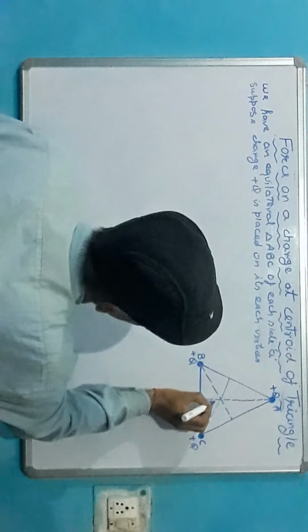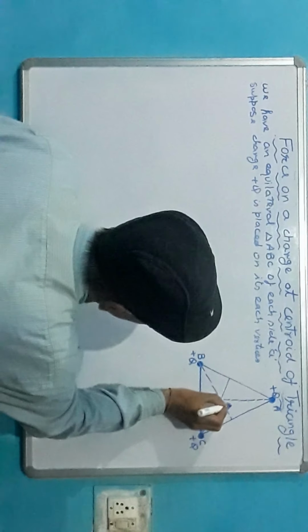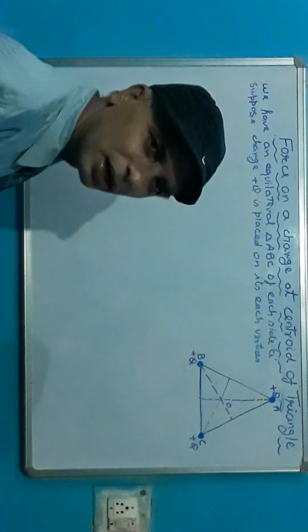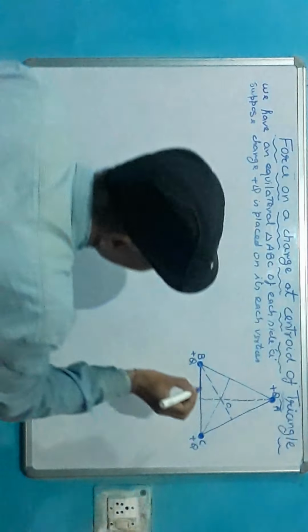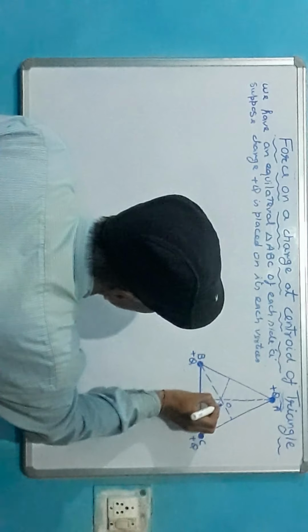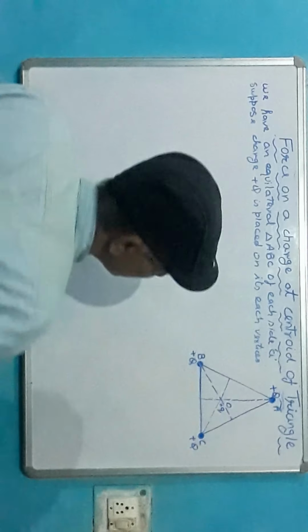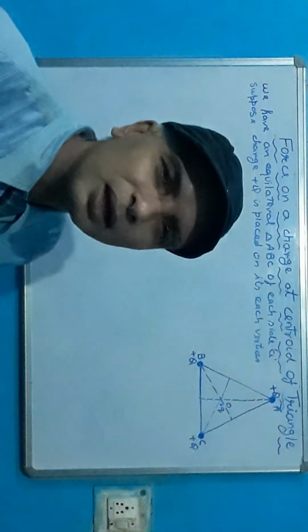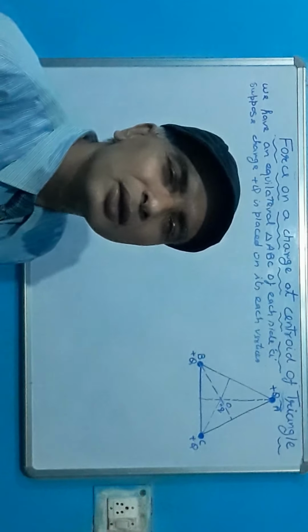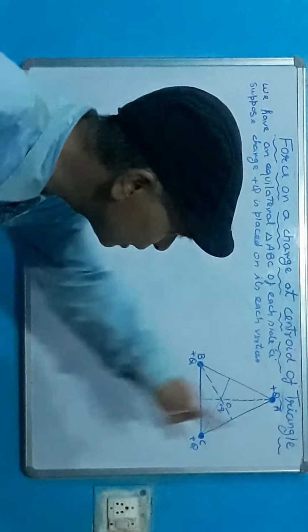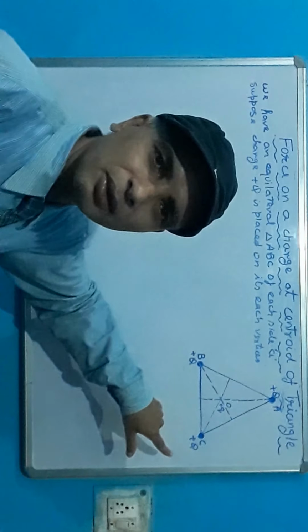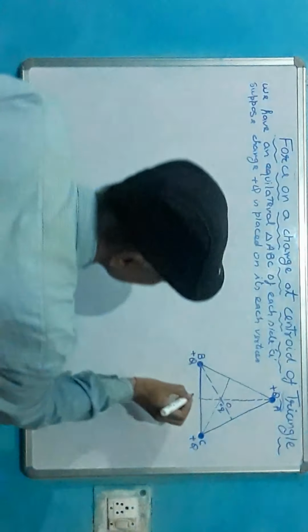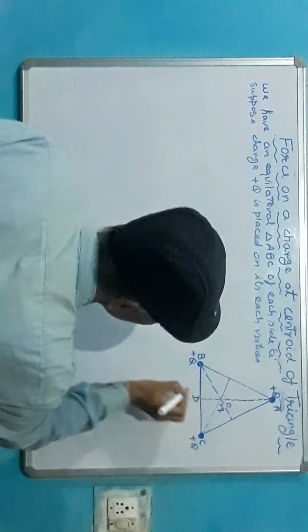Where they intersect each other, that is known as the centroid. Suppose this centroid is O. I consider a very small point charge, small plus q, placed here. I have to calculate the net force acting on this small point charge plus q due to the other large charges.